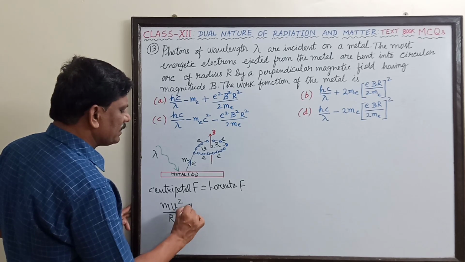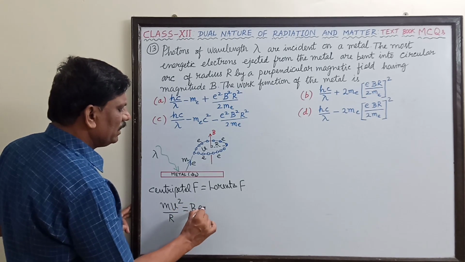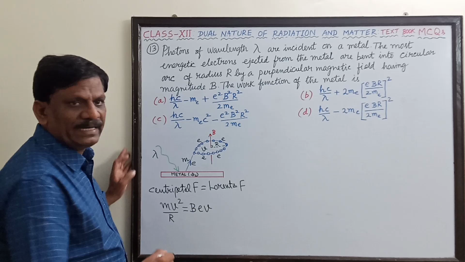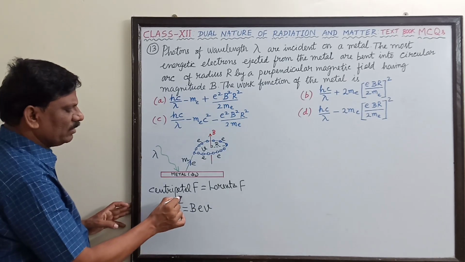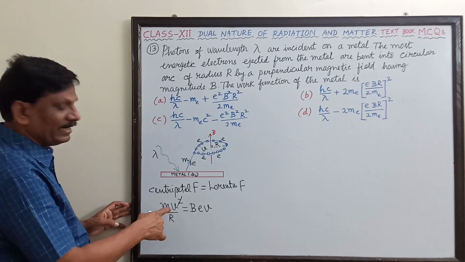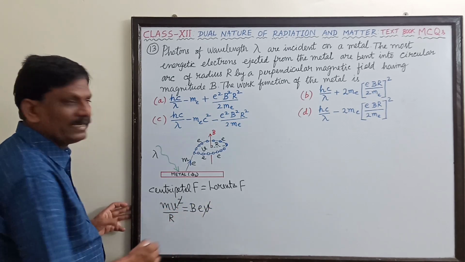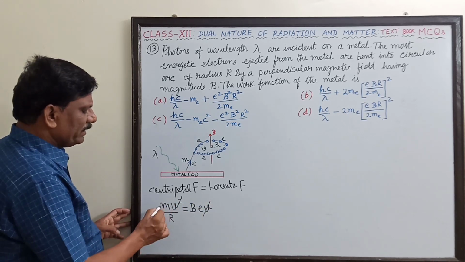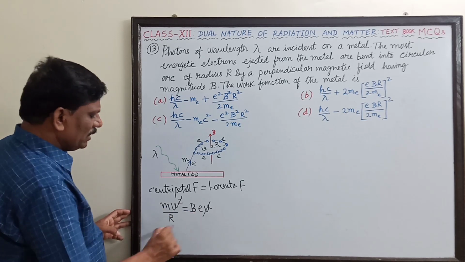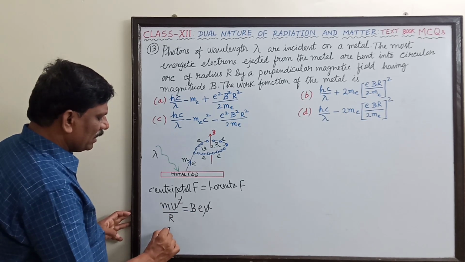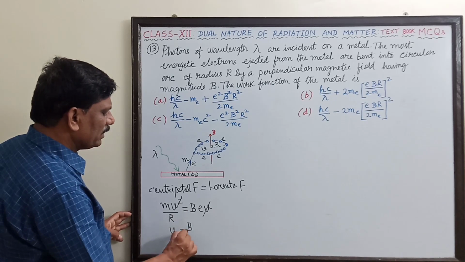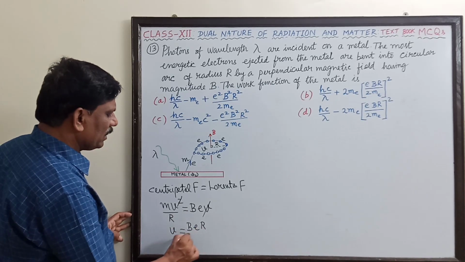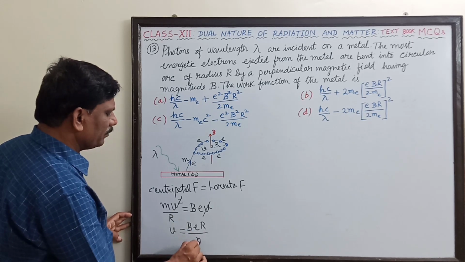The Lorentz force is B e v sine 90. Sine 90 is 1. Now one power of the velocity can be cancelled with the v here. So m v by r is equal to B e, and the velocity v is equal to B e R divided by m.